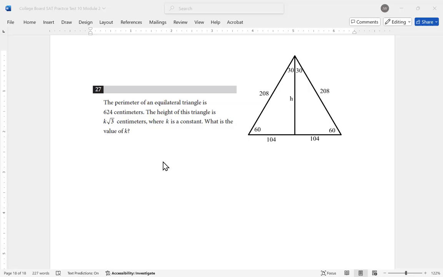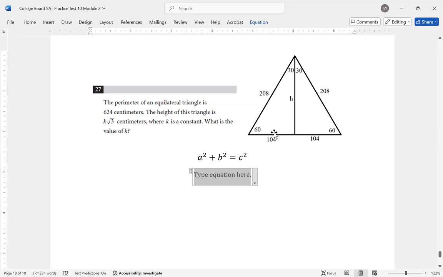You can find that using the Pythagorean theorem if you want. Remember, the Pythagorean theorem is a squared plus b squared is equal to c squared. That's in the formula sheet at the beginning of the module. The a and the b in this case on this right triangle would be 104 and h, and the hypotenuse would be 208.